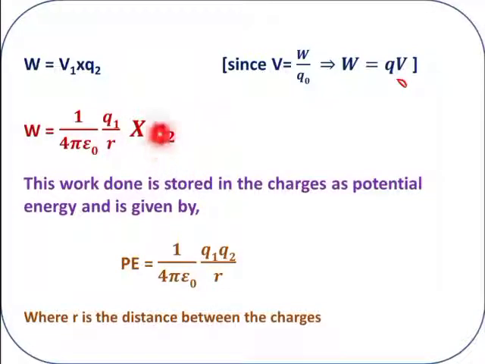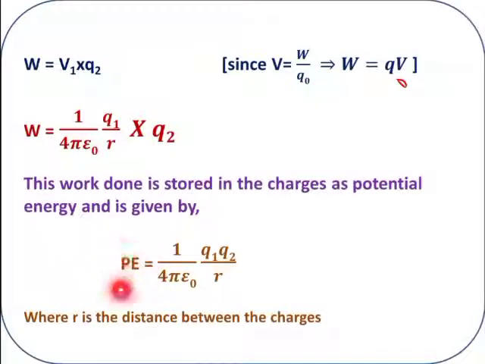Total work done: in the earlier case work done was 0. For the second case work done is V1 into Q2. This work done is stored in the charges as potential energy, denoted by PE. Work done is nothing but stored energy.